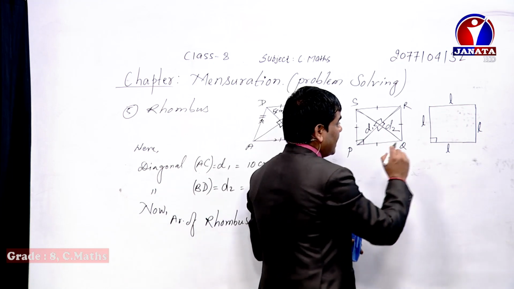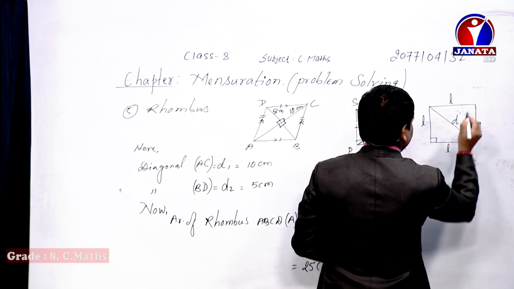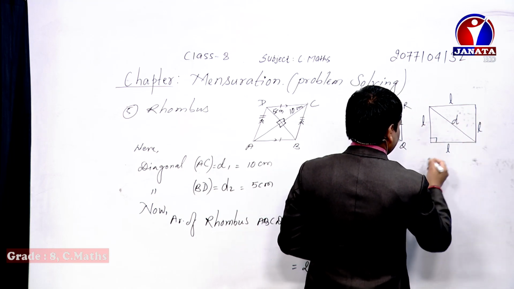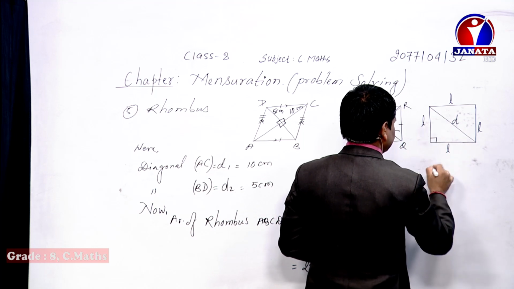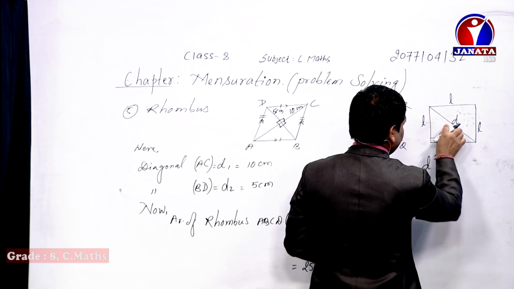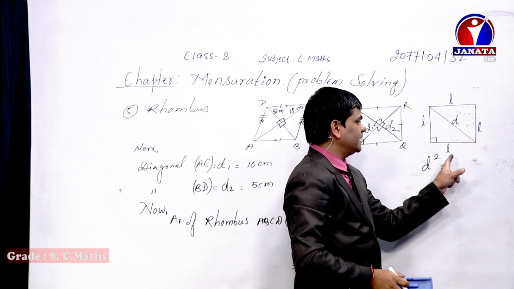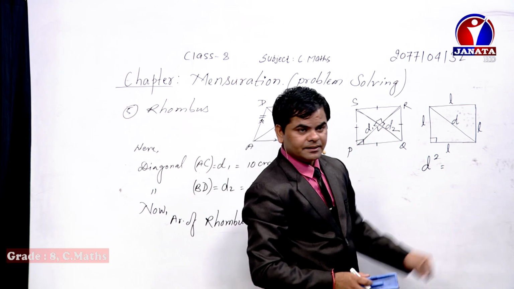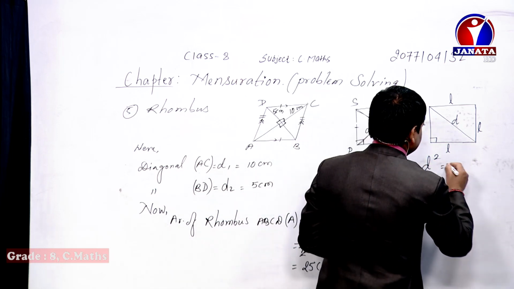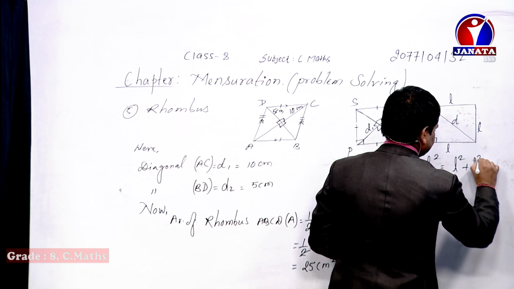Now if we join, dear students, the diagonal, at that time the Pythagoras theorem forms, it means d square equals hypotenuse square, because diagonal becomes hypotenuse, one length becomes perpendicular and another length becomes the base. So diagonal square, hypotenuse square, equals perpendicular square plus base square.